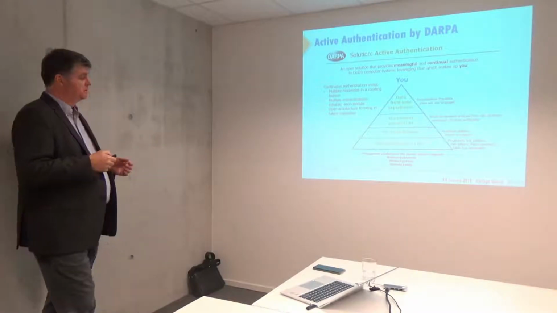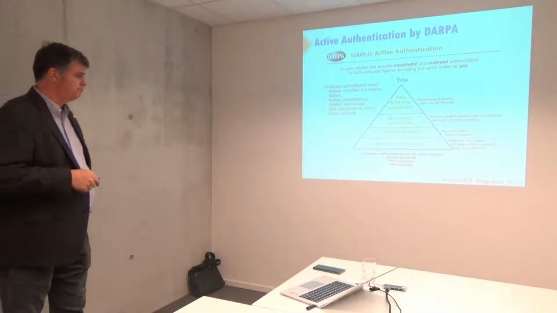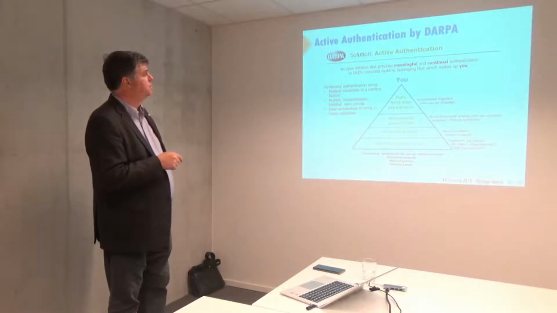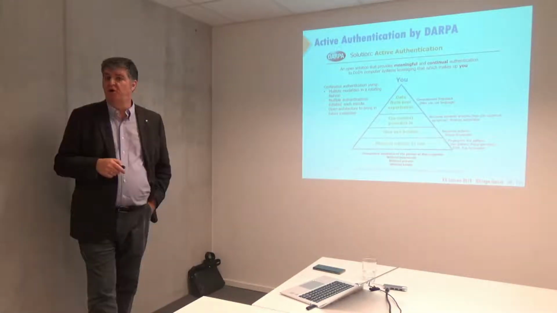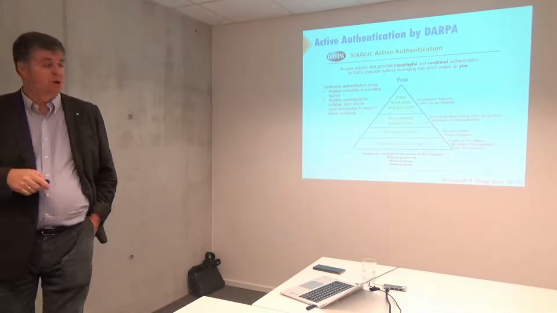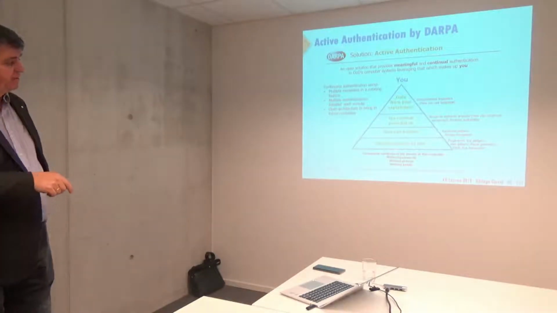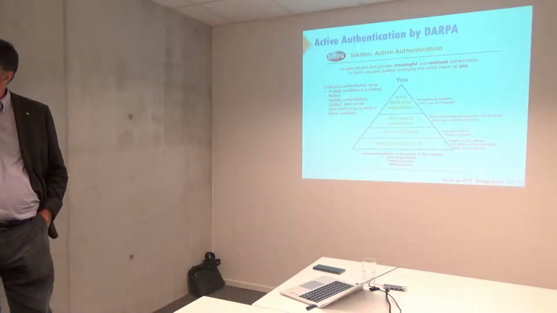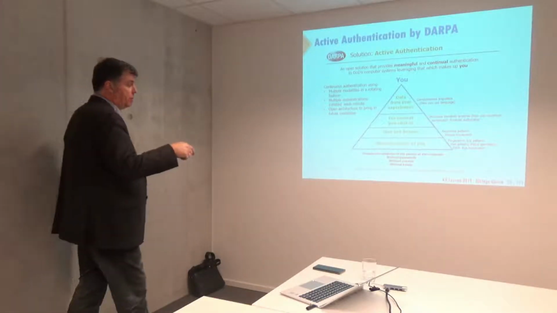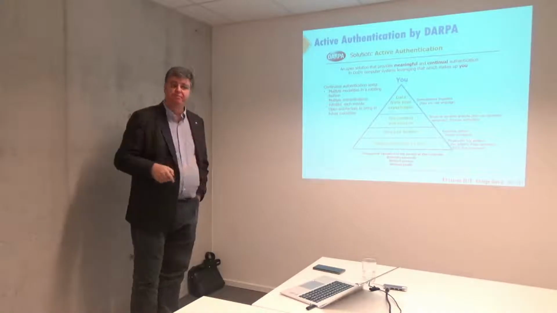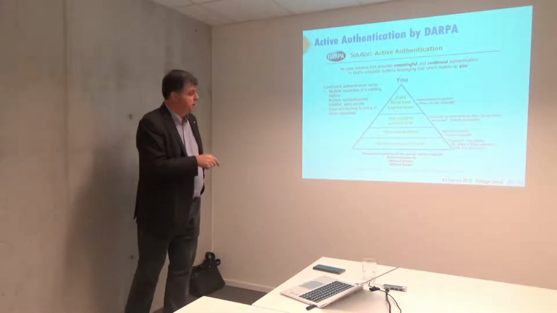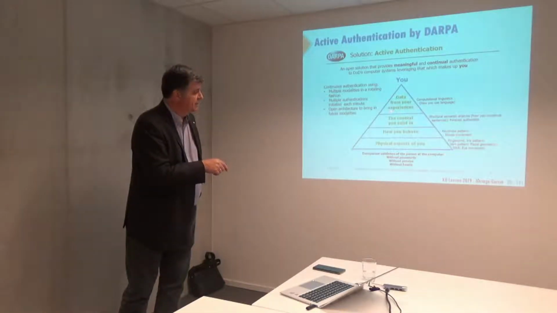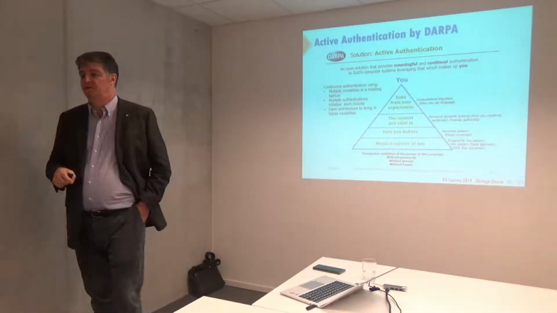In fact, DARPA, for active authentication of a user, puts this pyramid in which the physical aspects of you are in the base, but then if you go up, how you behave, behavior, what is your context, and what are your experiences, okay?